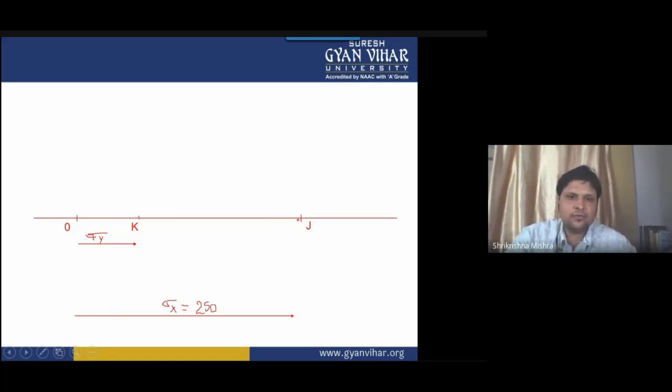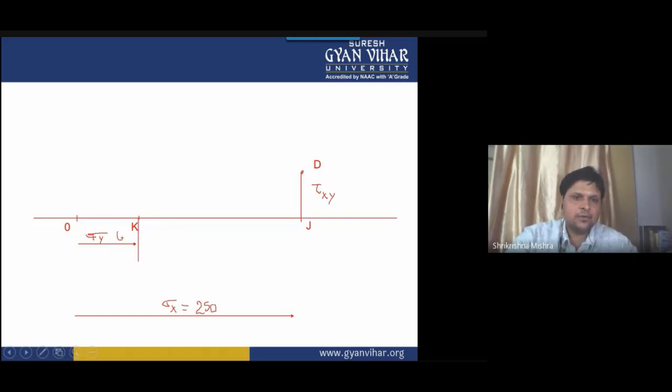From this point J, we will draw a vertical line upwards. Clockwise is taken as positive, students, so upwards we will draw a line equal to the tau xy value, the shear stress value which is given to you. This point you can name as D. Again, you will drop a line from this point K in the downward direction.